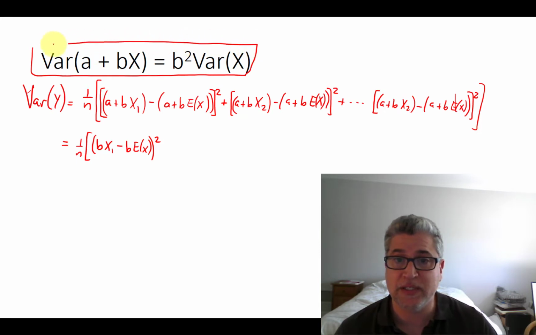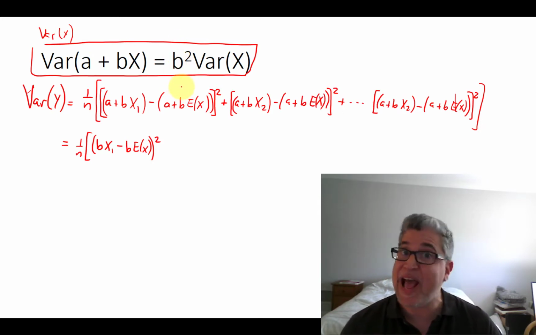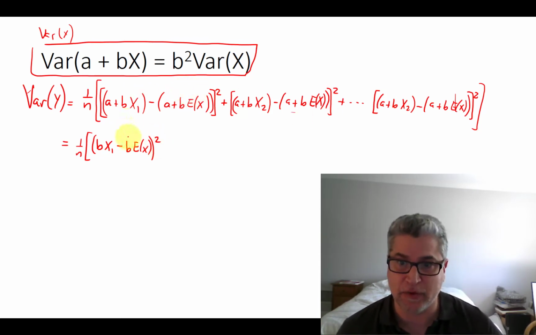The punchline is that the variance of our transformed variable y doesn't depend on a at all. So you can add anything you want to a random variable, you haven't affected its variance at all. And that's good, because we don't have any a's left over. So this applies to every single one of our n terms.